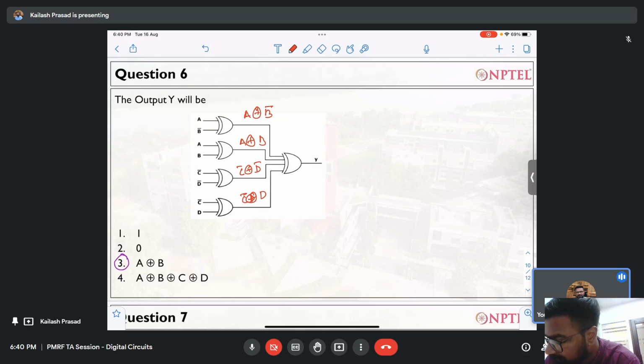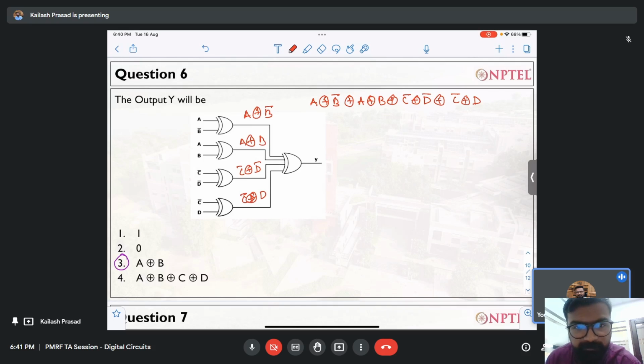So let me write the full equation for you. This is A XOR B bar XOR A XOR B XOR C bar XOR D bar XOR again C bar XOR D. So to quickly solve this problem in 1 minute, I will just rearrange it such that all the A's are together.